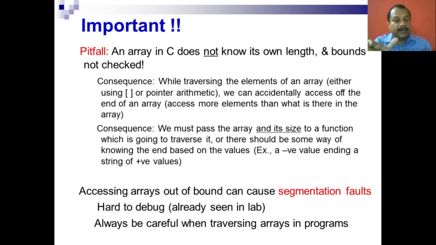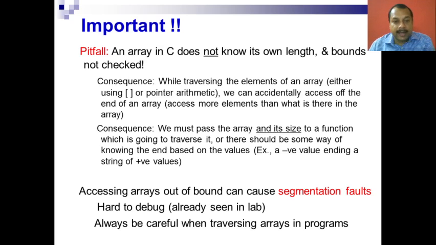So if that kind of situation is there, then by checking that you can tell whether the array bound is reached or not. Otherwise you have to pass the size of the array along with the address. But then also, if you are adding some number which is not just plus plus or plus 1, then you may skip over the end character like \0. So it is entirely your responsibility, and always keep this in your mind.